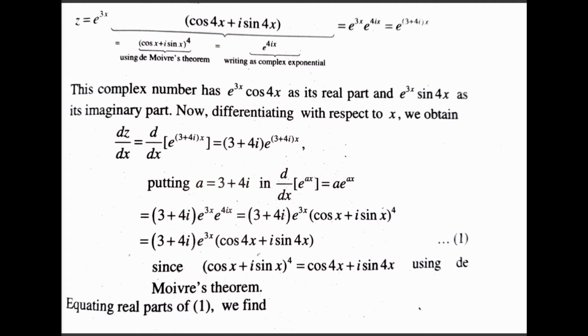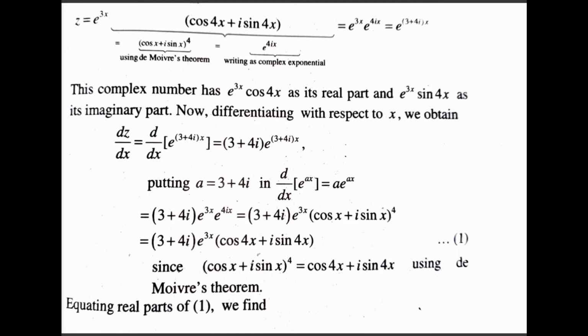Now, differentiating with respect to x, we obtain dz by dx equal to d by dx of e raised to (3 plus 4i) into x, that is equal to (3 plus 4i) into e raised to (3 plus 4i)x. Putting a equal to 3 plus 4i in d by dx of e raised to ax, which is equal to a into e raised to ax, here our a is 3 plus 4i.